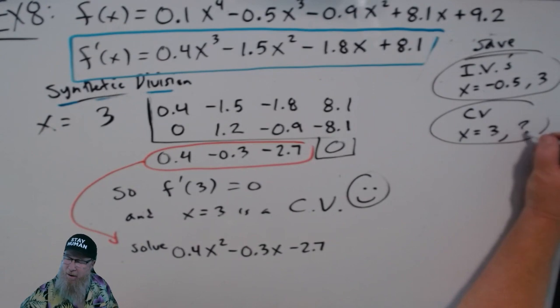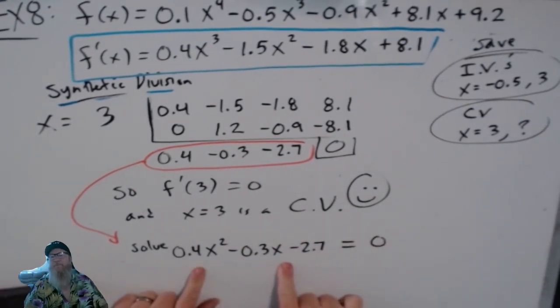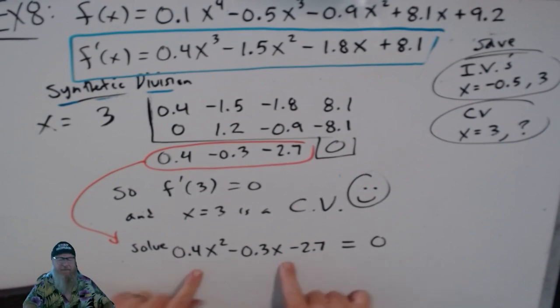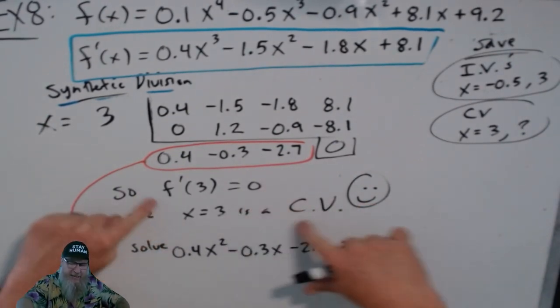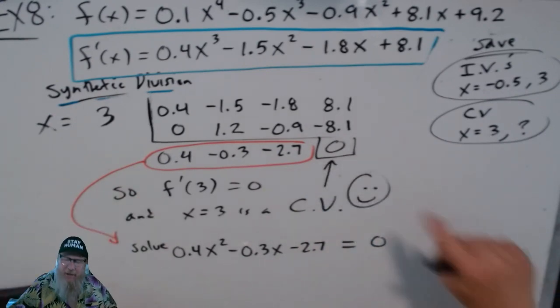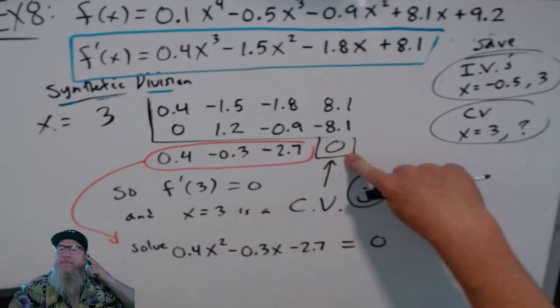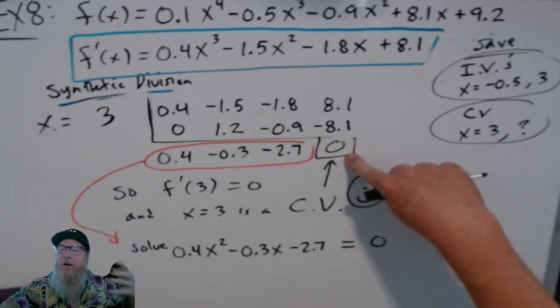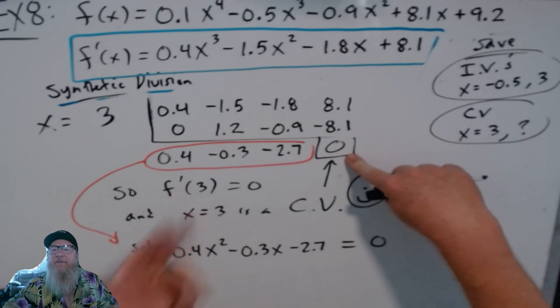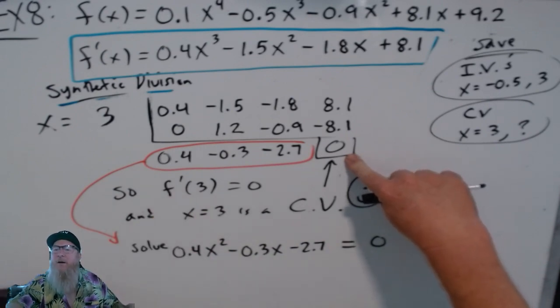There might be more. I got to solve this equation now. All right. I found 1. I know that 3 is a critical value because this is equal to 0. The last number, called the remainder, it's the same as the output. It's the output of this, which is the derivative that we're analyzing here. If that value is 0, then we call it critical.